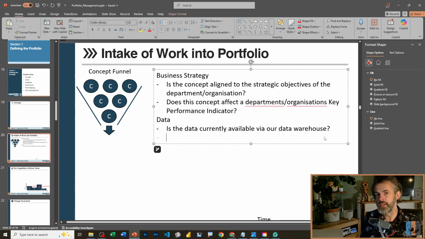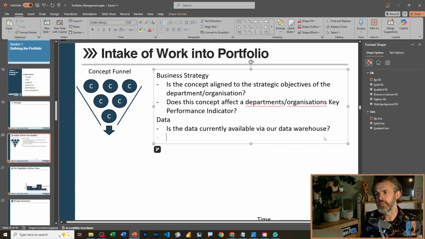So the speed that we can move this from concept through to a working product in production is dramatically reduced. It's a really valid question, in terms of resources and risk. A lot of different risk is reduced by having something in the data warehouse.